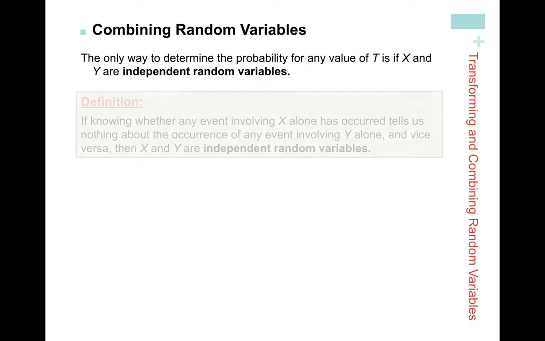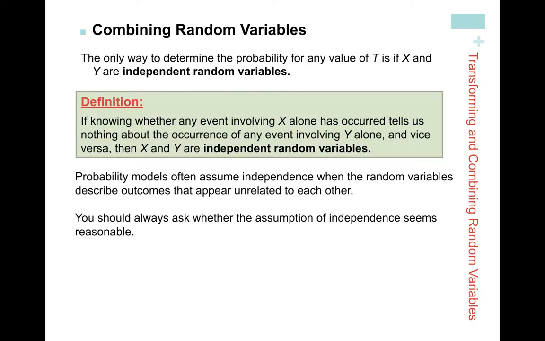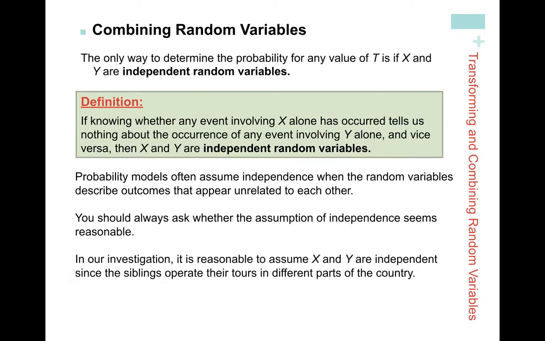Standard deviations do not add. Variances add. Now, this is only going to work if we have independent random variables. And our textbook gives us a couple examples where we do not have independent random variables, and so you can't figure out what the variability is going to be. You cannot figure out the standard deviation.